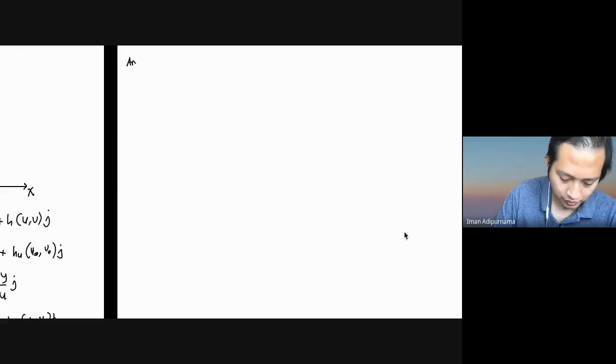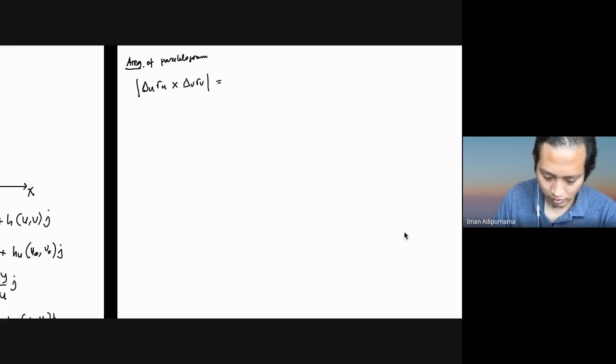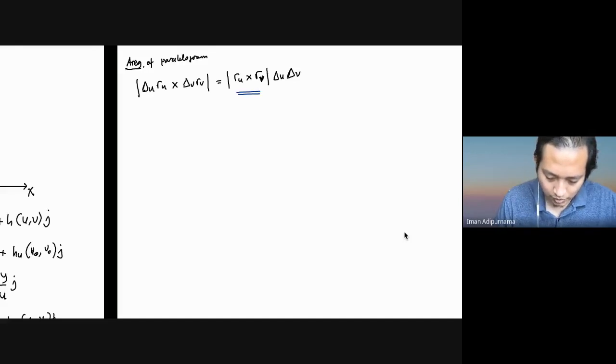So the area of the parallelogram is, because it's the vector function, we can move the scalar part outside.